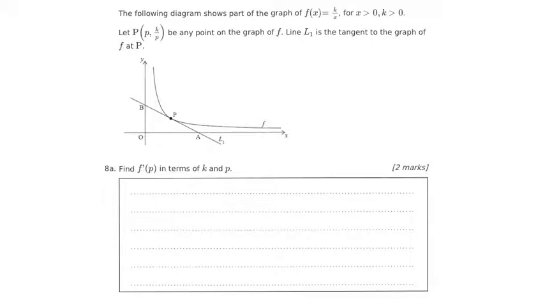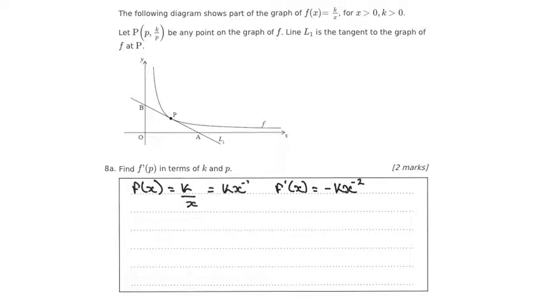We need to differentiate f of x. We know that f of x is equal to k over x, which is equal to k x to the power of minus 1. Now if we differentiate and get f dash x, multiply by the power, so we get minus 1 kx, take 1 off the power, minus 2.